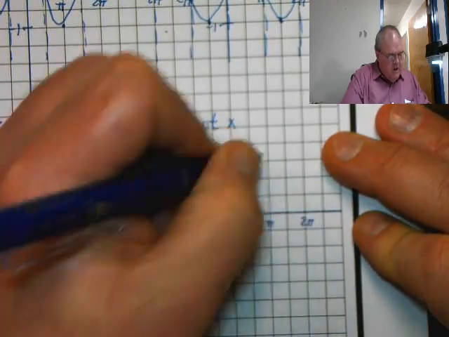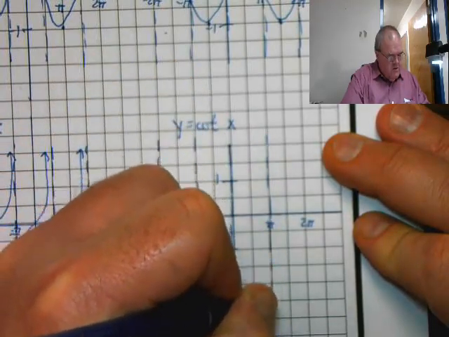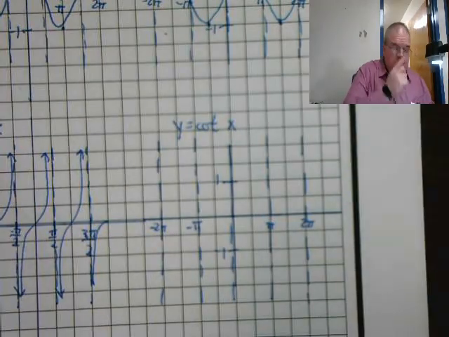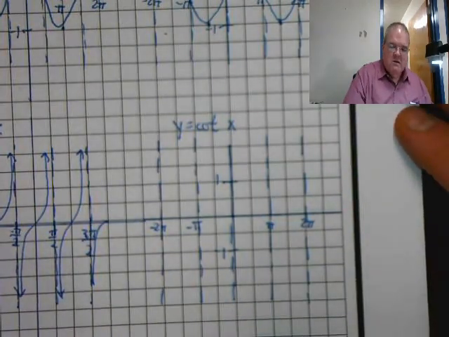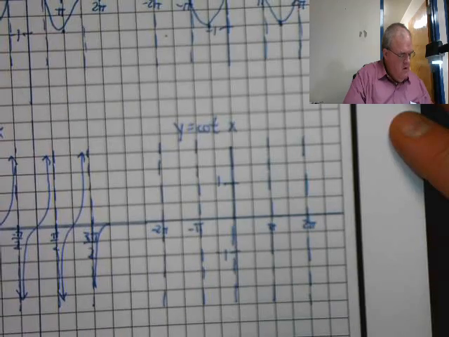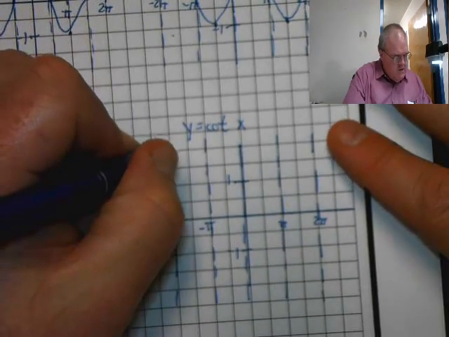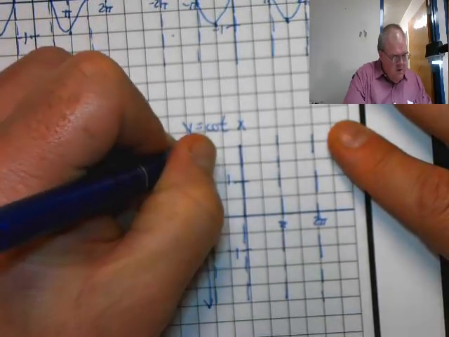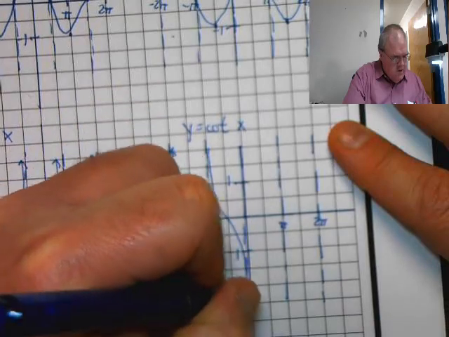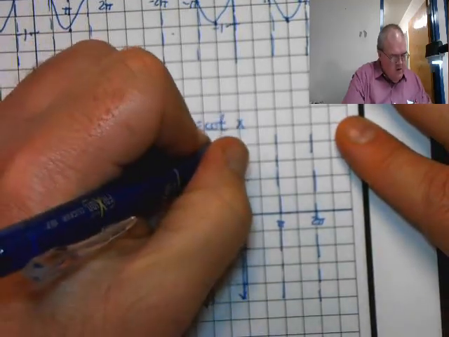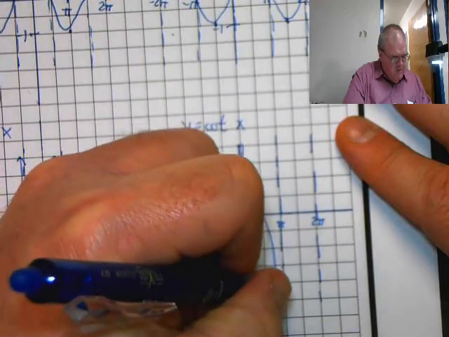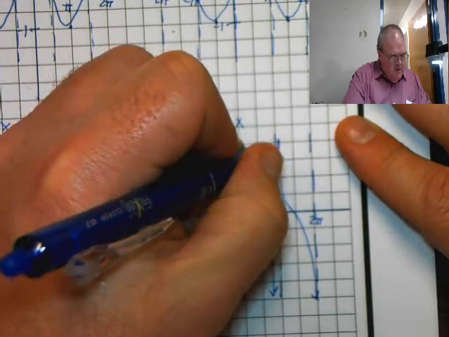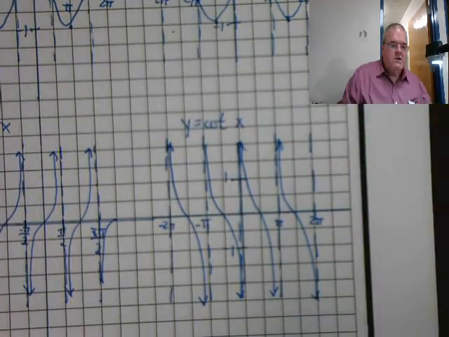And then the same at pi and 2 pi. I'm going to draw dashed lines here to show my asymptotes. Now, as tangent had this curve, cotangent is going to do this. So cotangent is going to be the opposite of the tangent curve.